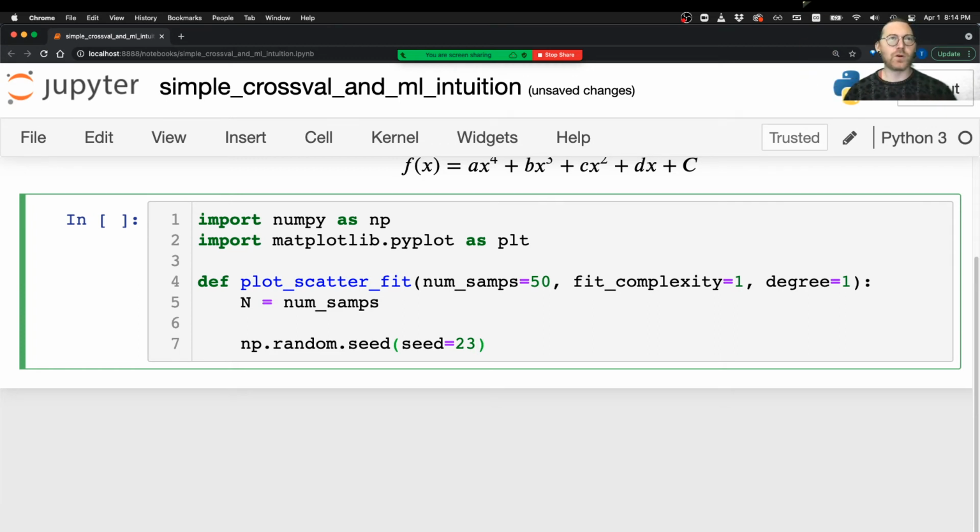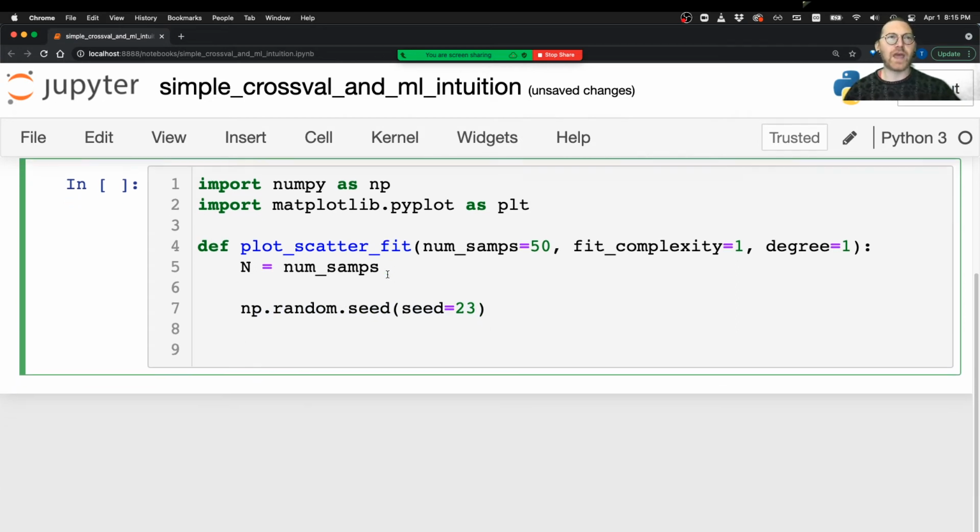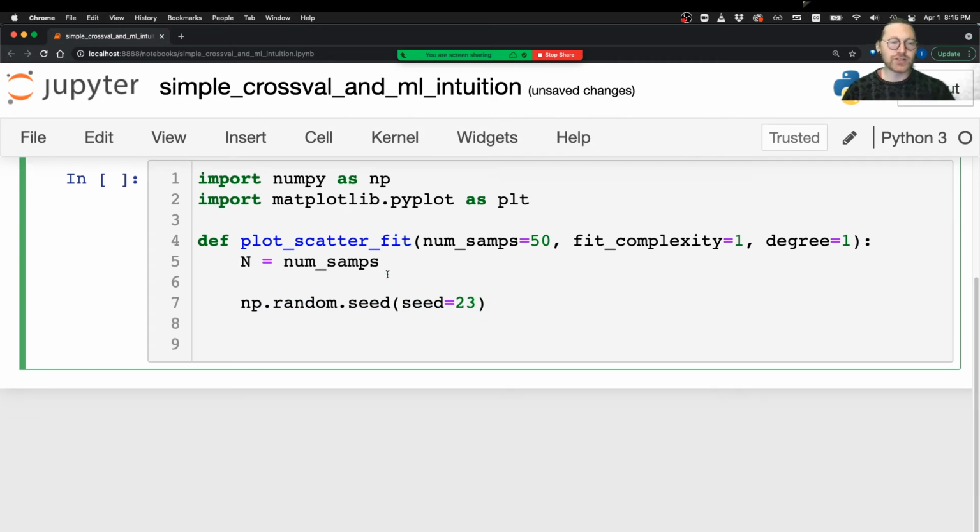This is a very common thing to do, because if you're constantly looking at random stuff, and you change something and the output changes, how do you know that the output changed because of the randomness or because of something you changed? So I'm setting a random seed to account for that. We'll know that if we make a change, that's why we're seeing different output.